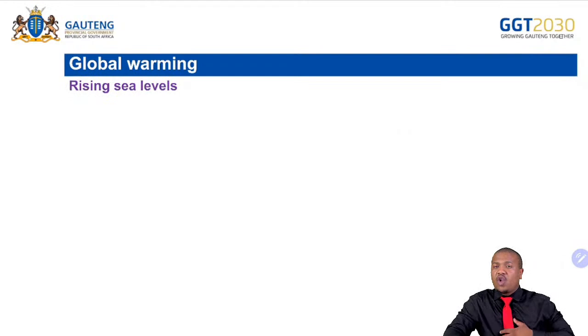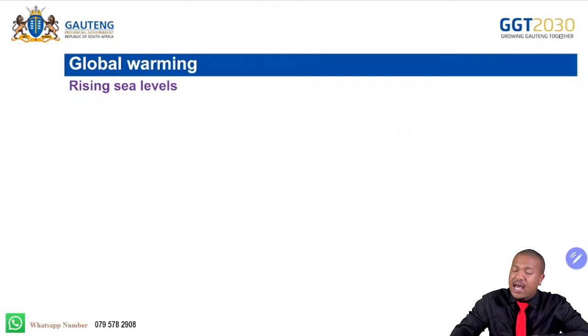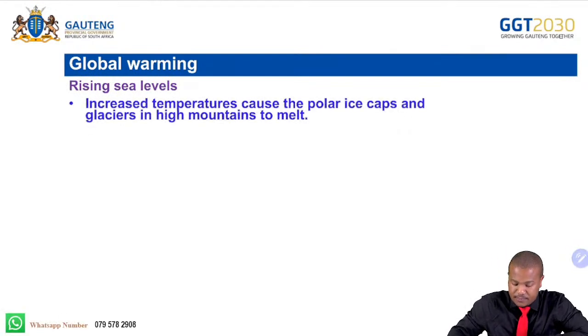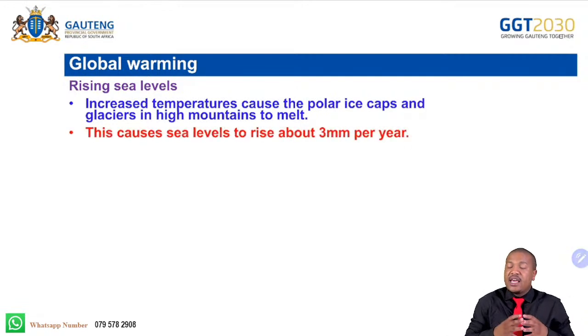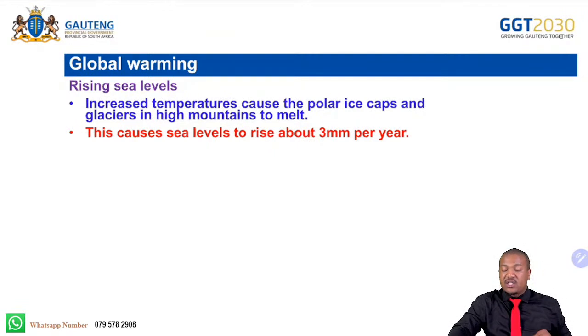So also global warming can lead to the rising sea levels, right? Because increased temperatures cause the polar ice caps and glaciers in high mountains to melt. So meaning what? It will cause the sea levels to rise about 3 millimeters per year, right?